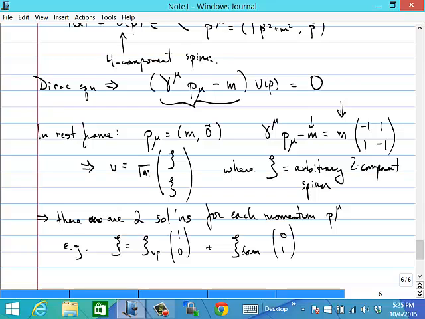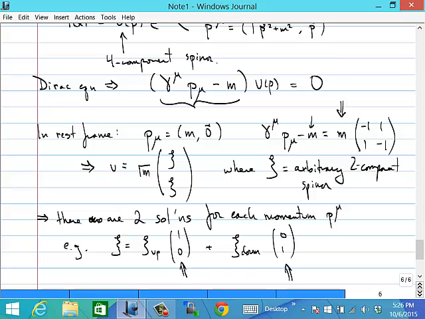So, said a little bit more physically, we're looking at solutions of the Dirac equation describing a particle at rest. And what we're finding is that there are 2 different solutions. One, where psi is proportional to that guy, and the other where psi is proportional to that guy. What is the name that we would give these 2 solutions?